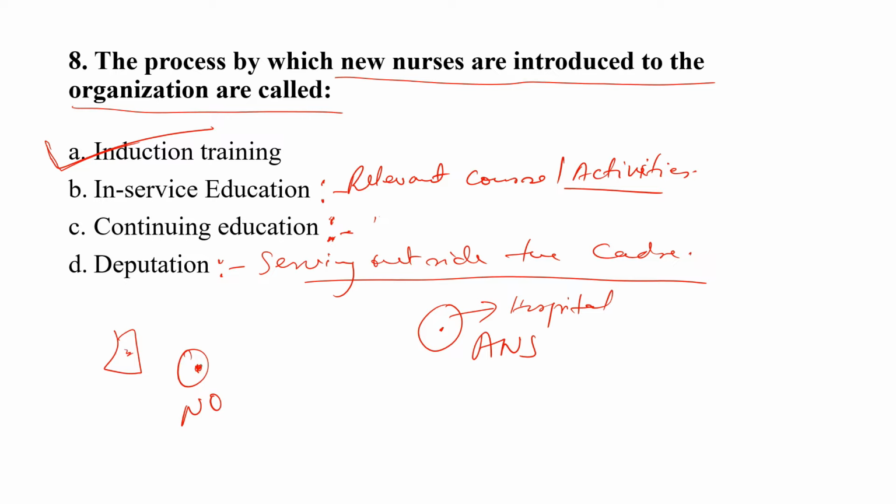So this nurse wants to apply for this post of ANS. So she can apply for this post as deputation. So she will get transferred to this post of ANS in the other hospital on deputation. Then after that deputation gets over, she will come back to this hospital as the nursing officer.